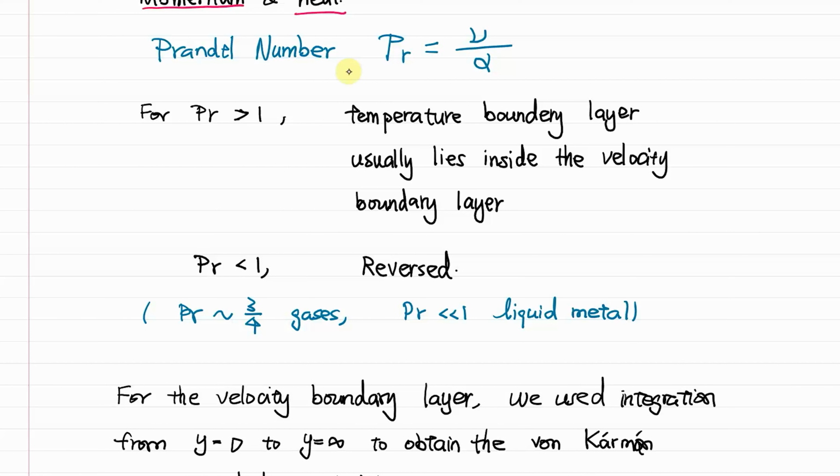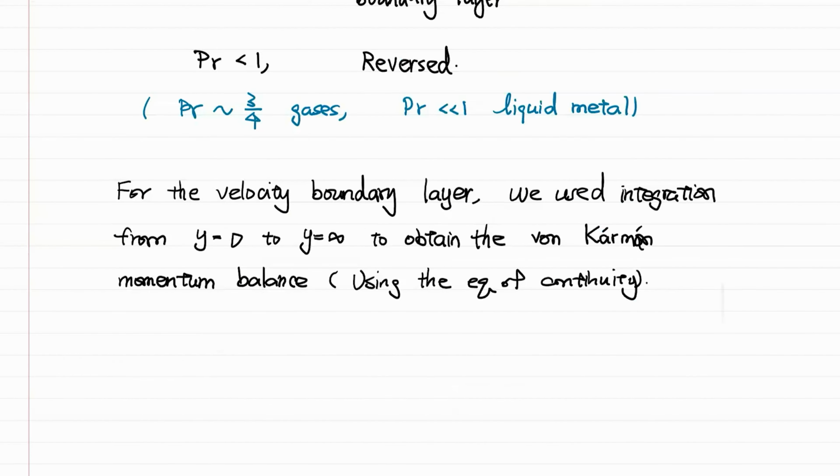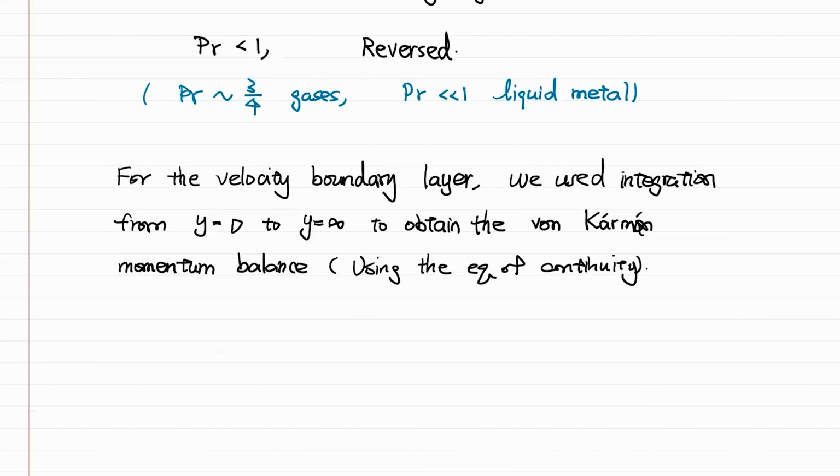And we did that using the equation of continuity. So here, similarly, we are going to do the same type of trick to acquire the von Karman momentum and energy balance. So again, this would be an approximate boundary layer solution.